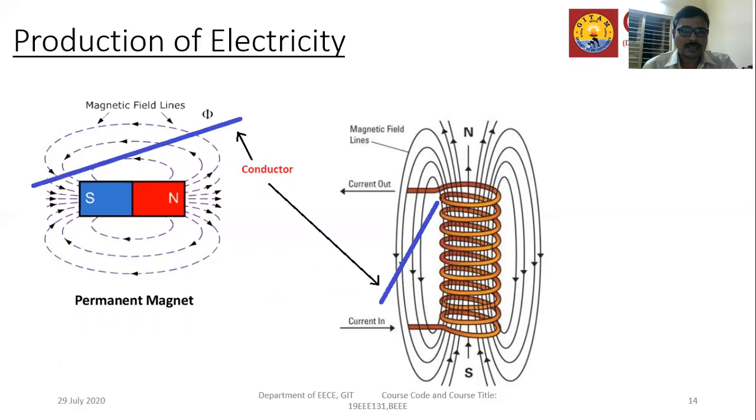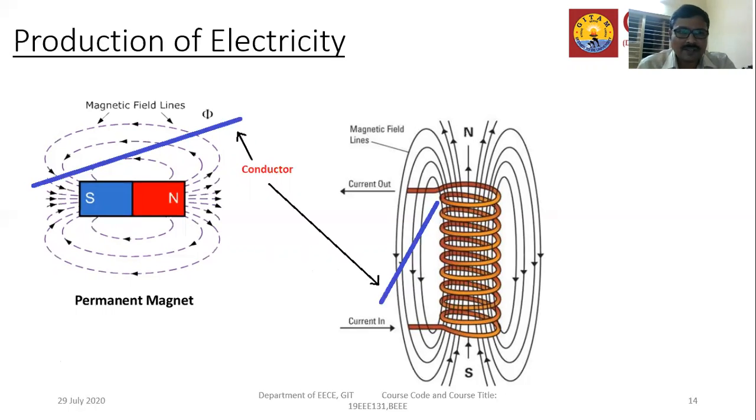In the left picture, you can see a permanent magnet, and we know that its flux will not change. So when flux will not change, you cannot have d by dt of flux. When d by dt of flux is 0, E is equal to 0, and hence to have induced EMF, we must create d phi by dt, right?